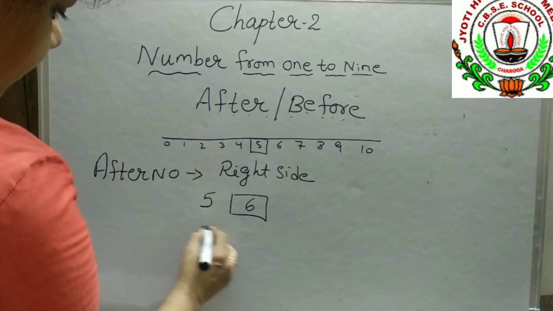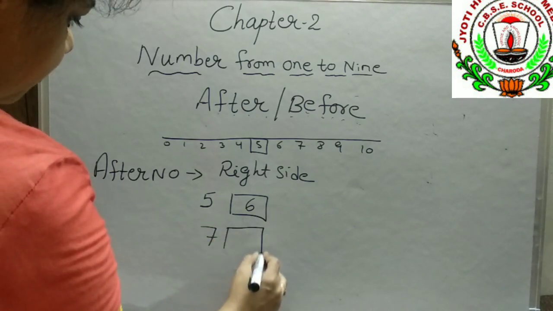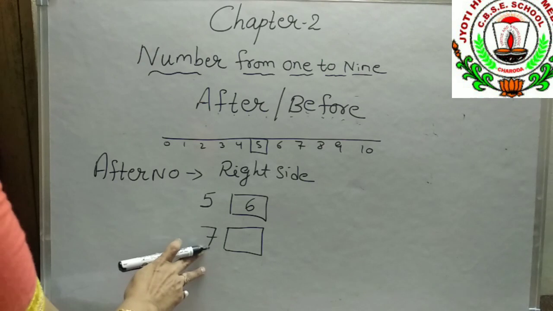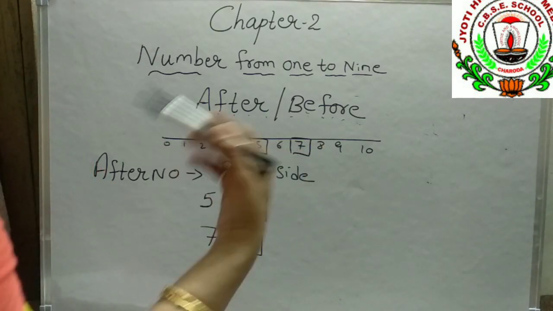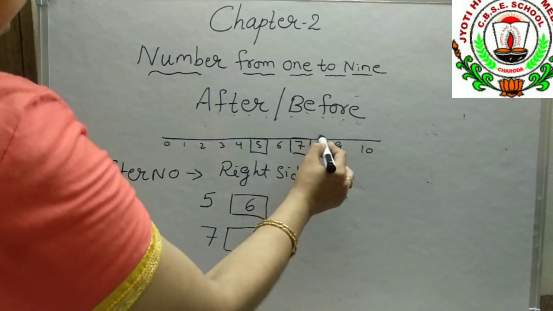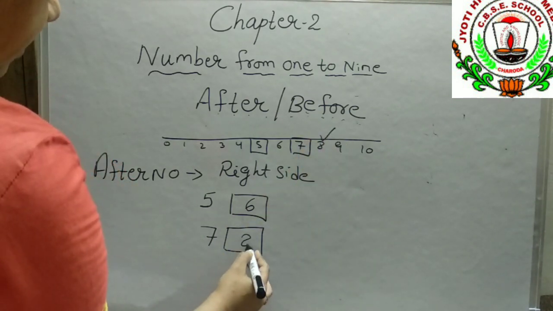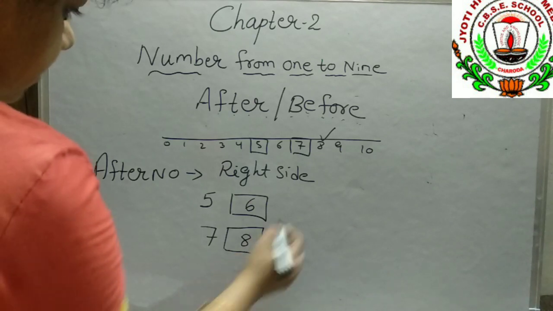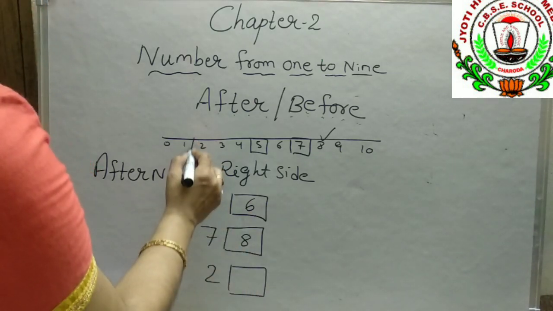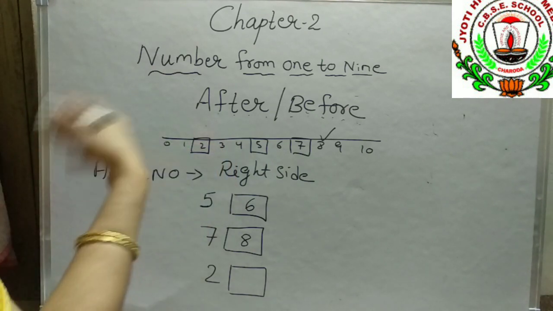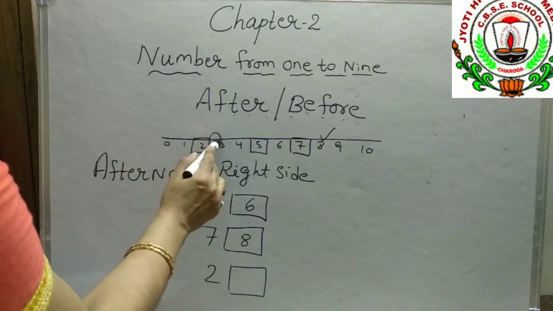Next, if I ask you which number is after 7. Where is 7? This is 7. So which number is on the right side of 7? It is 8. So we will write here 8. Suppose I am taking 2. Which number is after 2? It is 3.